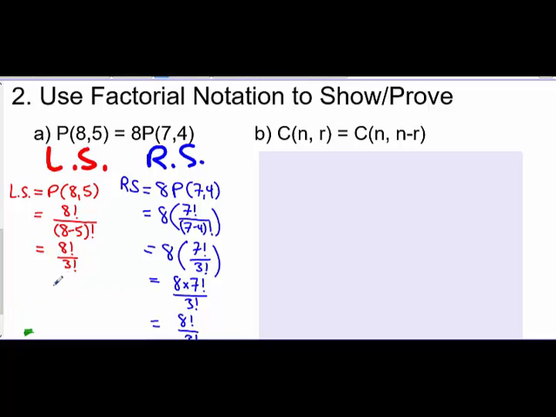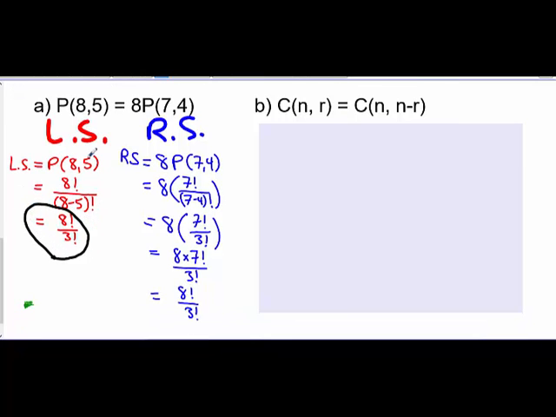So you can clearly see here that I have an 8 factorial divided by 3 factorial as one of the equivalent expressions on my left side. I have an 8 factorial divided by 3 factorial here as well. And it's just one of the various equal expressions that I have on this side.